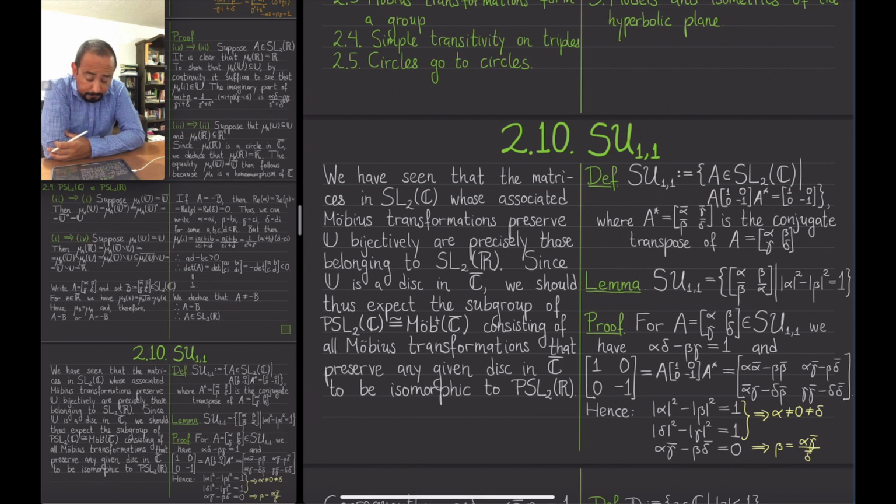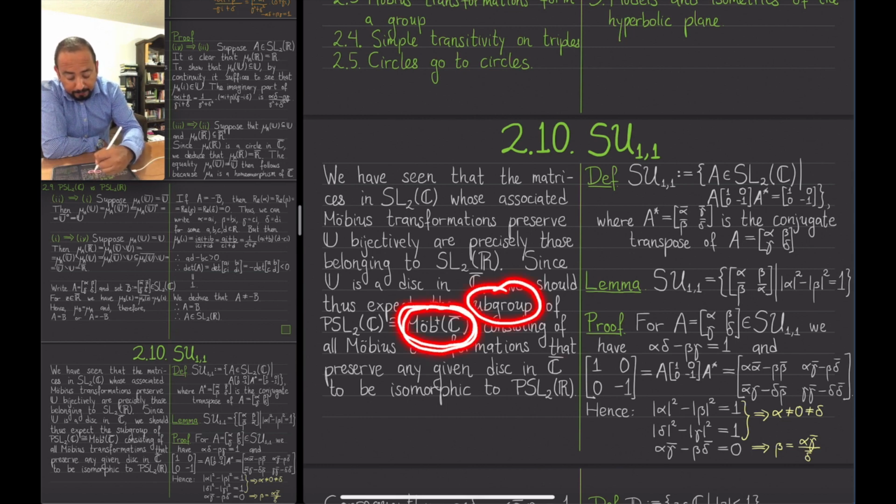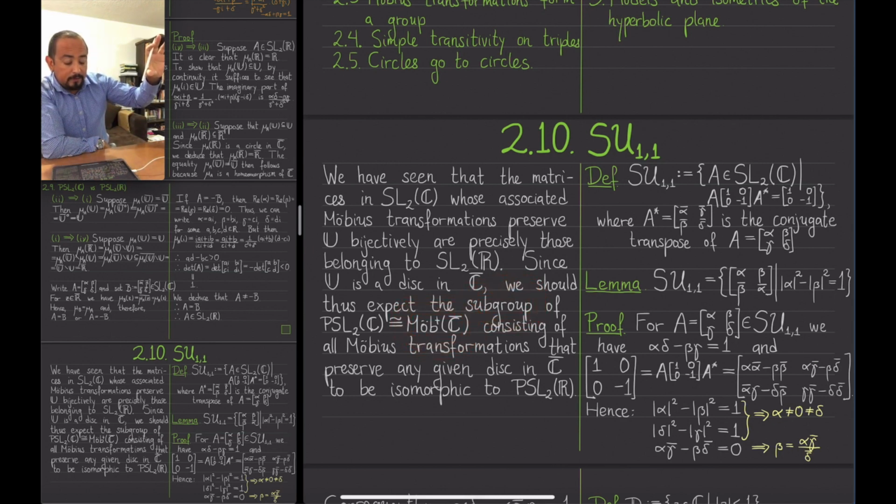So whenever I take any group of Möbius transformations, so any subgroup of Möb+ C bar, consisting of Möbius transformations that preserve any given disk, one should expect that group of Möbius transformations to be naturally isomorphic to PSL2R, right?